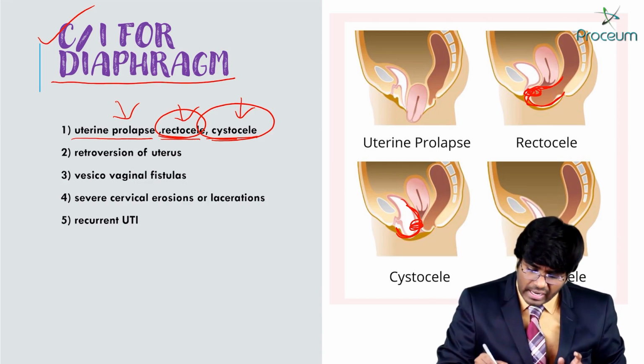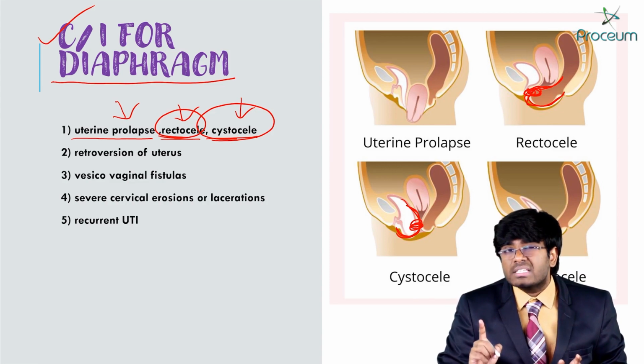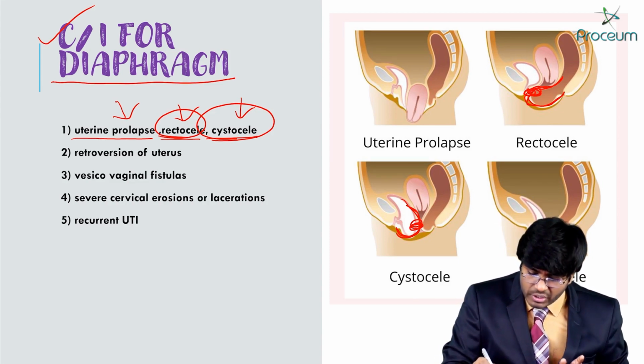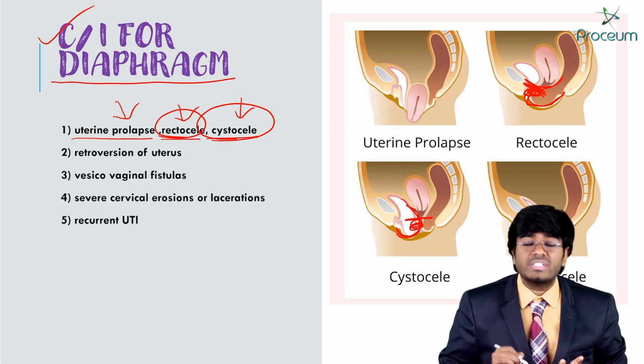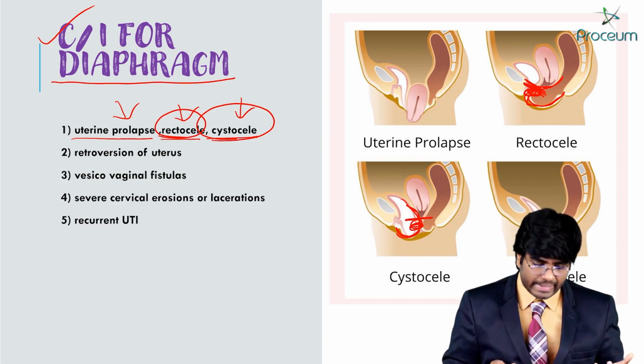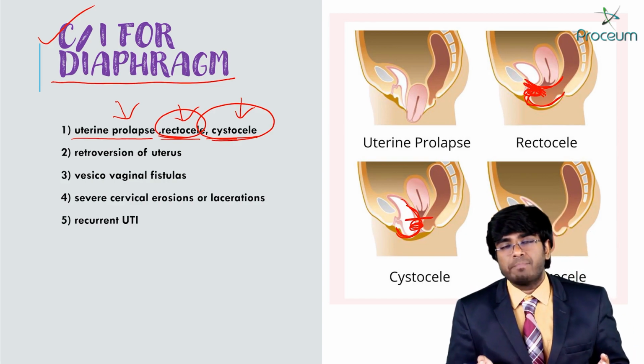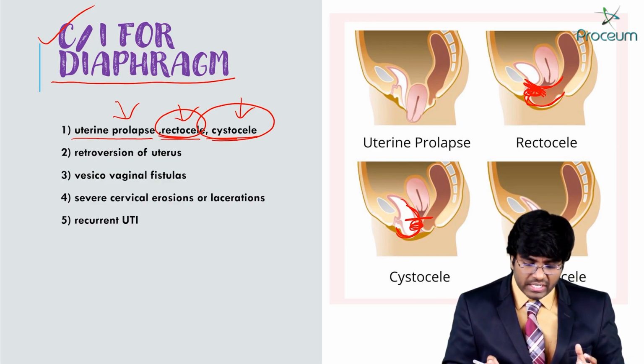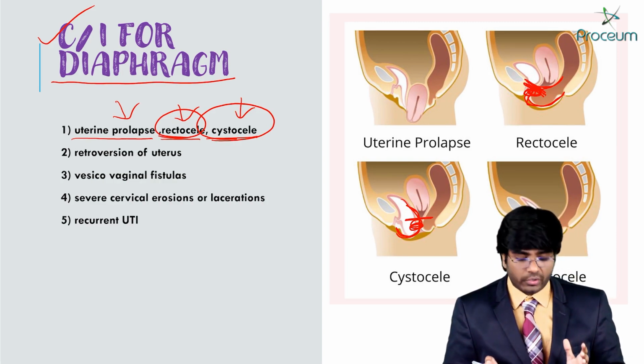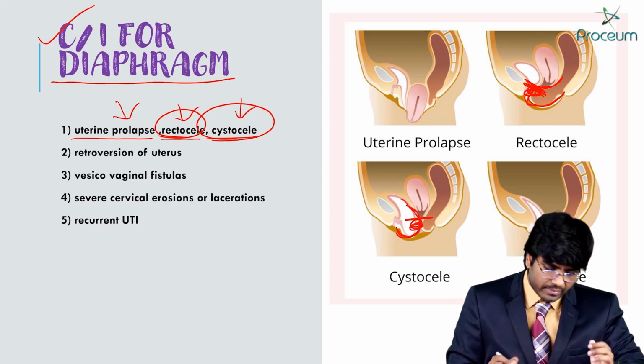That will cause rectovaginal fistulas and vesicovaginal fistulas, which is not desired. So uterine prolapse, rectocele and cystocele are absolute contraindications for the use of diaphragms.